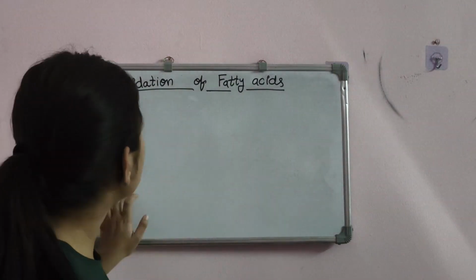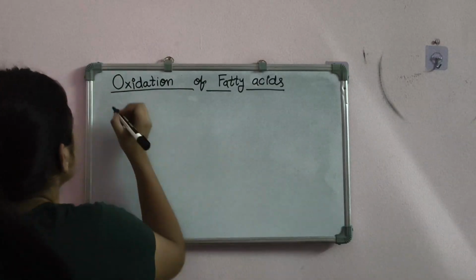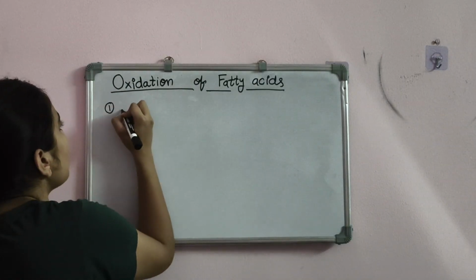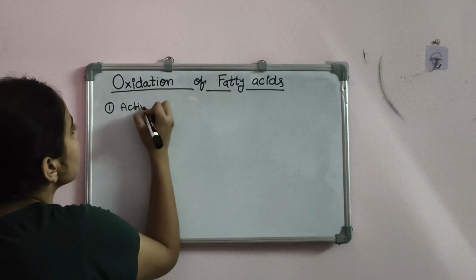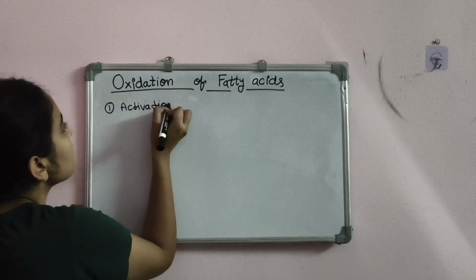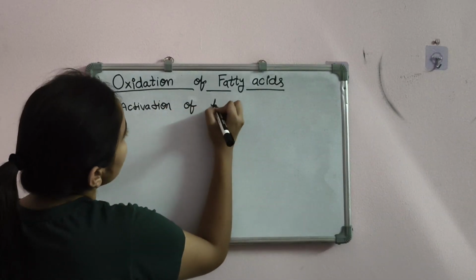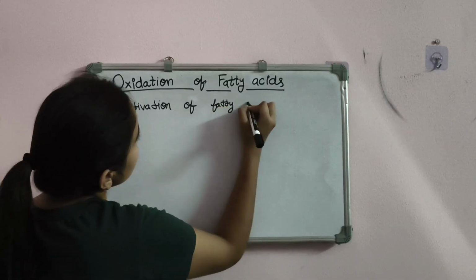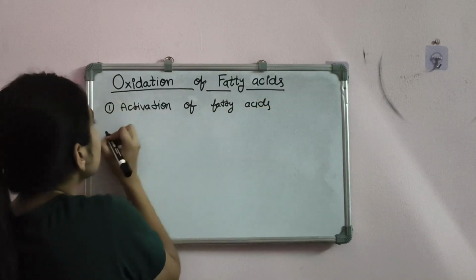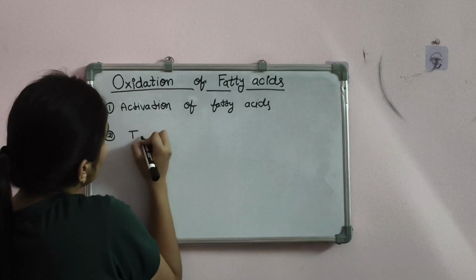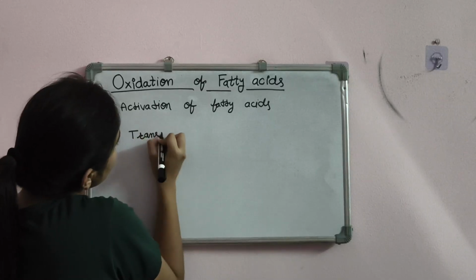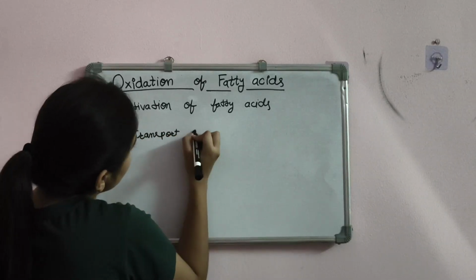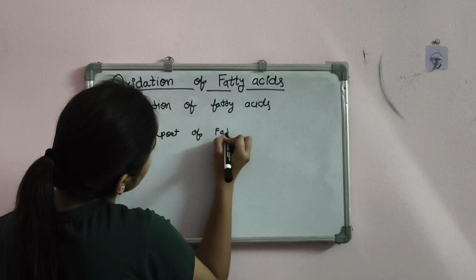So oxidation of fatty acid occurs in three steps. Step number 1 is activation of fatty acids. Step number 2 is transport of fatty acid.